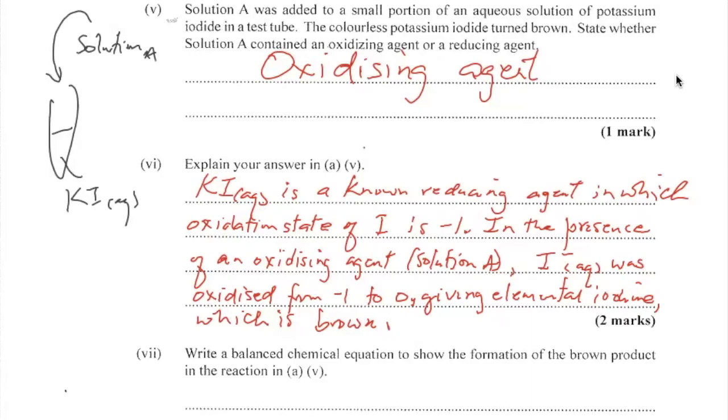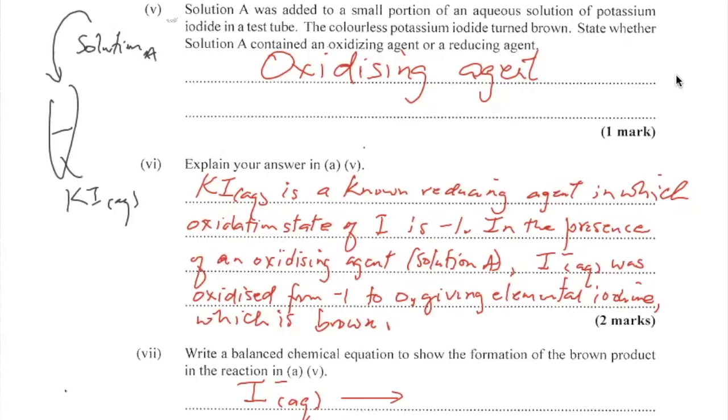We would have iodide, I- aqueous, to say it's in the presence of water, and this is the species that we have. This species is going to be losing electrons. Electrons are going to be taken away from it. Oxidation is loss of electrons. So electrons have a negative charge.